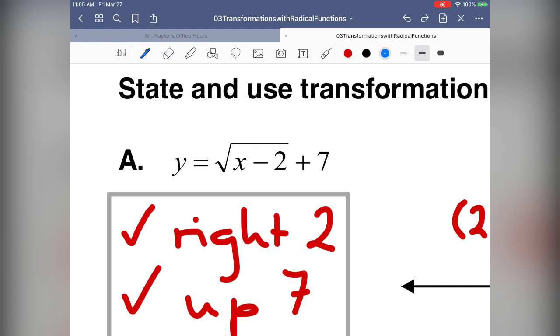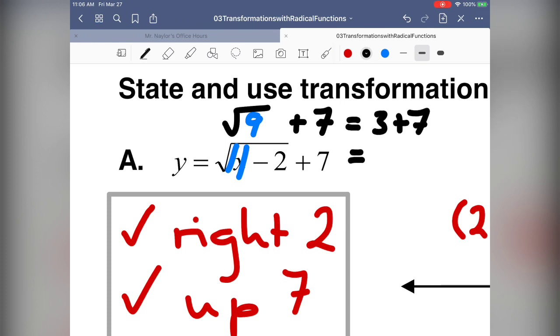Instead, what I want to do is I want to plug in 11. Now, the reason I'm plugging in 11 is because that's going to allow me to take the square root of a nice number, of the number 9. And all I got to do is think about that math. Of course, the square root of 9 is actually equal to 3, and when I add 7 to it, I'll end up with 10.